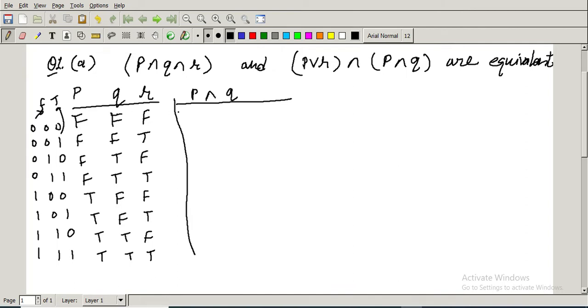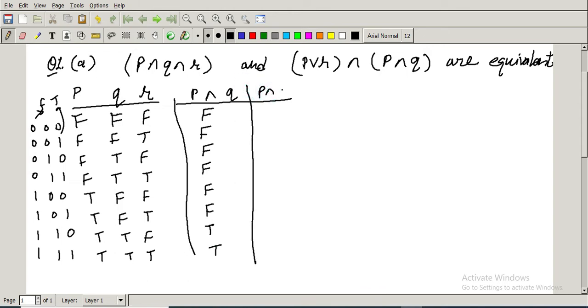So false false will be false, false true again false, and this one will be false, true false will be false, true false again false, true true true, and true true true.